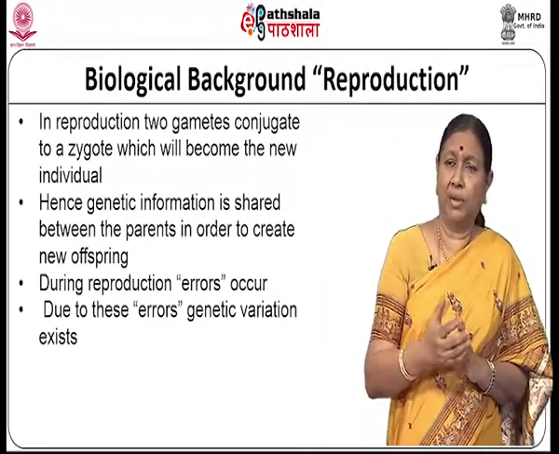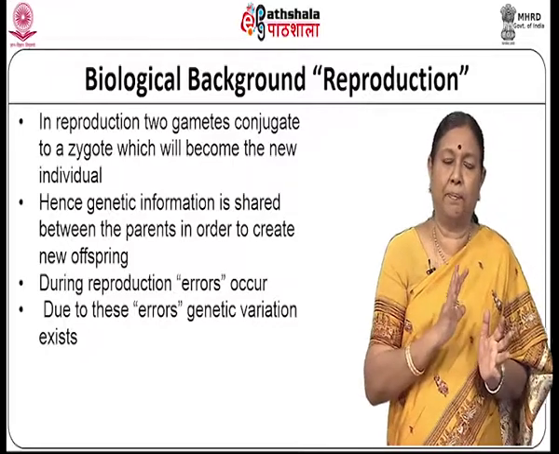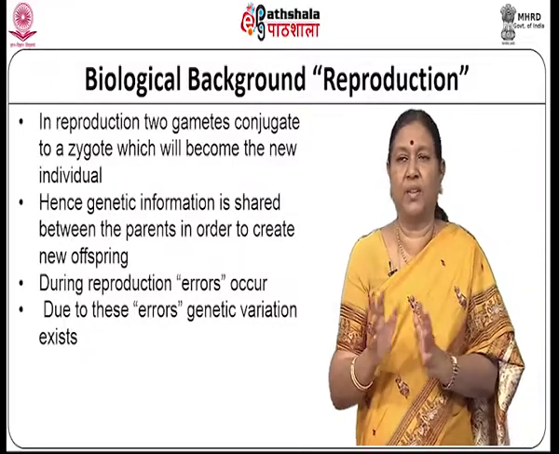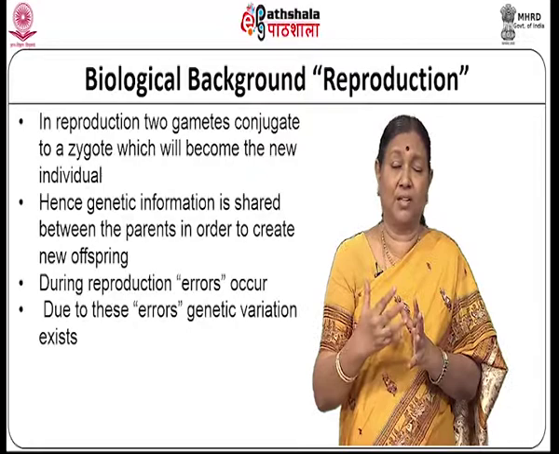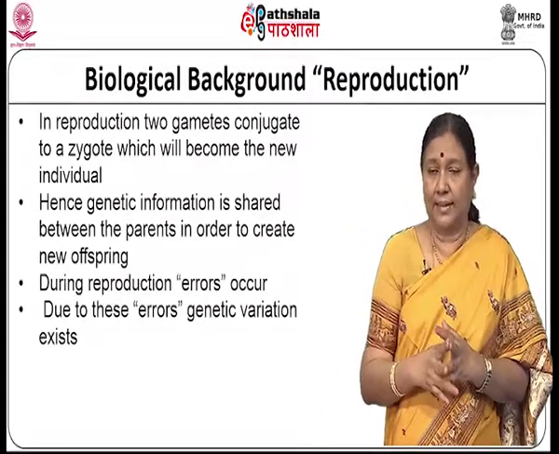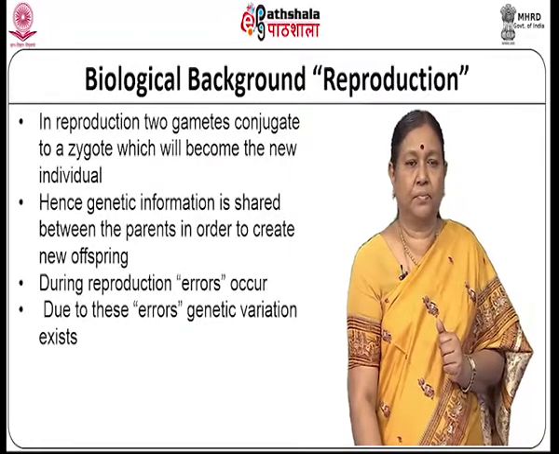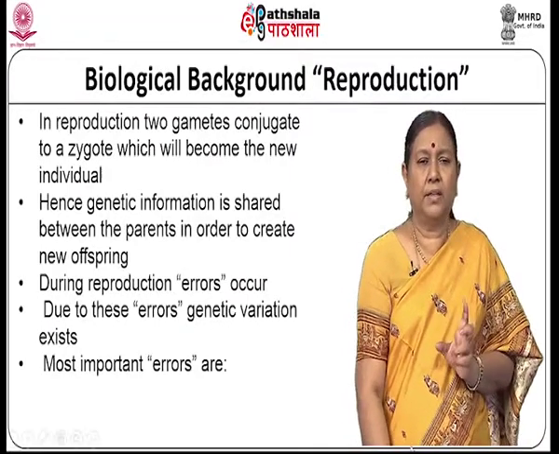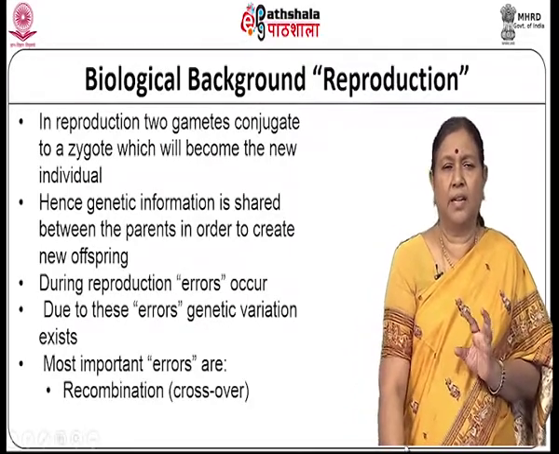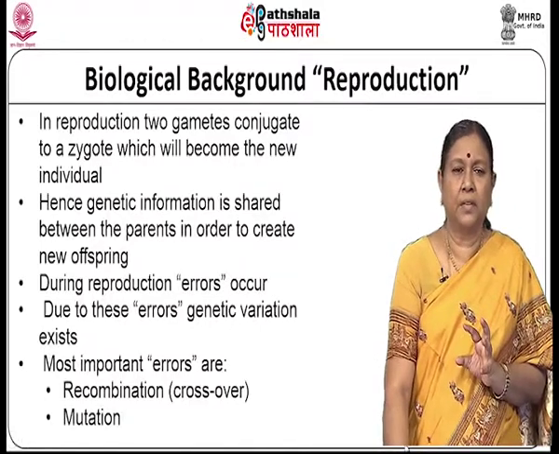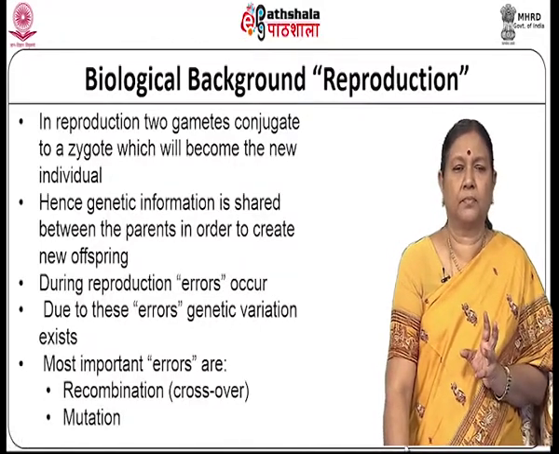Now, should you have errors or not? Otherwise, we will have replications of people right down the generations. Natural evolution is not like that. There are some variations, and that is why you have genetic variation. The most important errors are recombination, crossover and mutation.